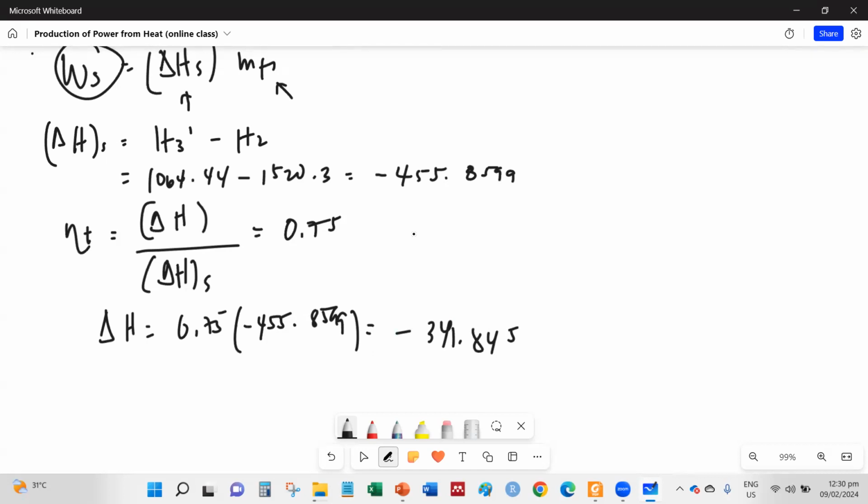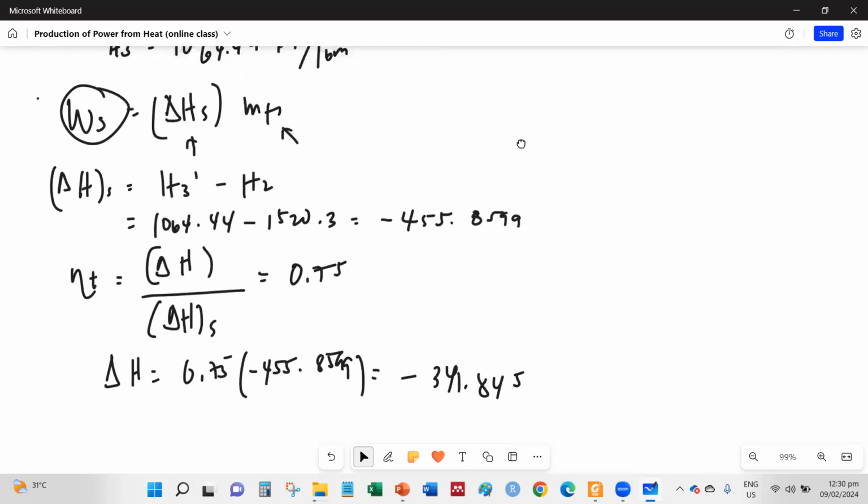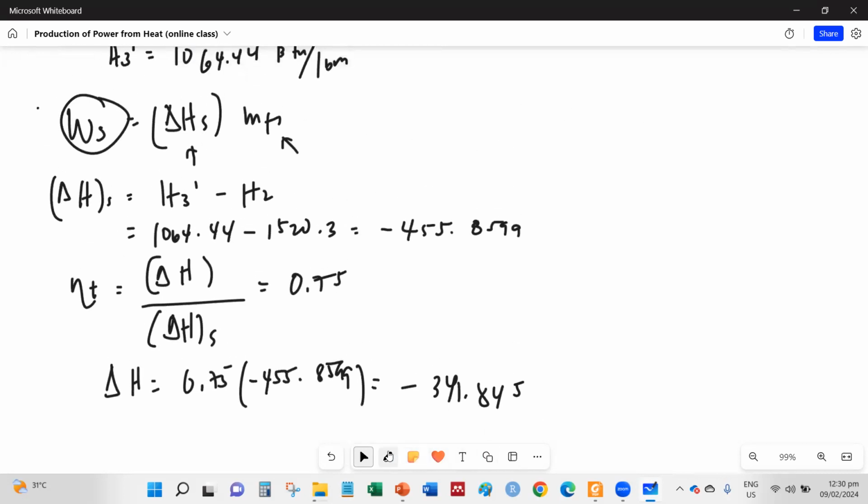So now we can use this equation. There's no S here, correction again. There should not be an S here. This is just delta H actual.